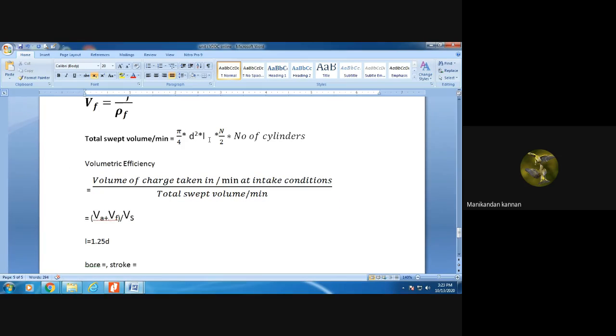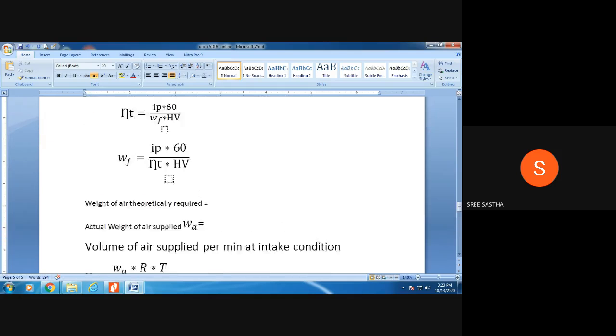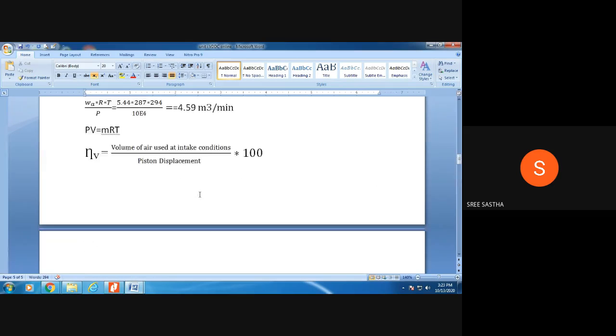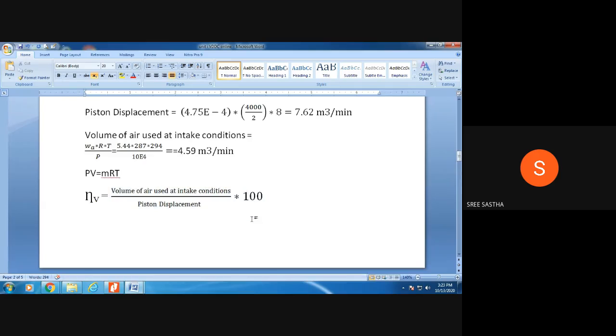For finding out D and L, volumetric efficiency is given. So what you have to do is, in the numerator, like the last problem, we have to find the volume of air used at intake condition.